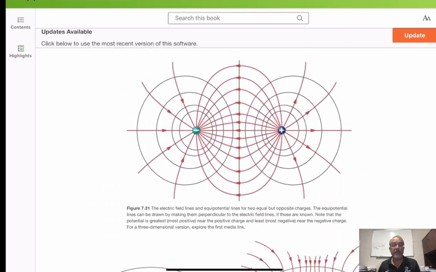So what if I had a plus and a minus charge? Well, we looked at the electric field from that, and remember the electric field lines connect the positive to the negative, or connect the positive to infinity and the negative to infinity. But look at what happens with the equipotential lines there.